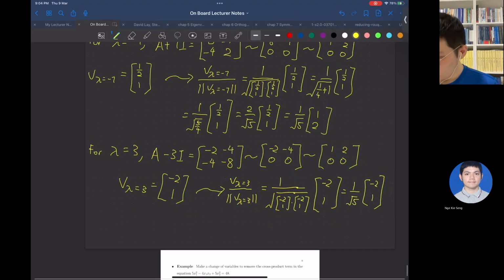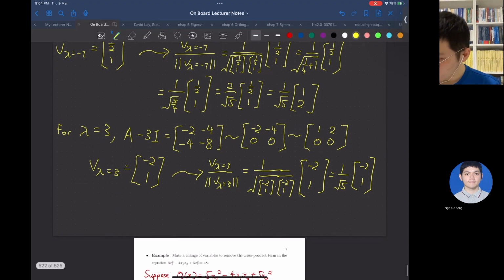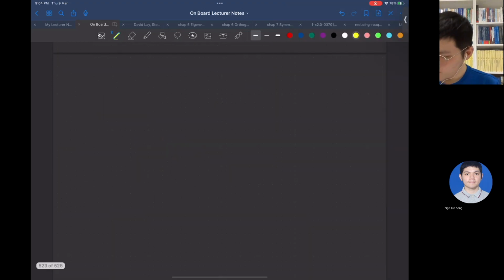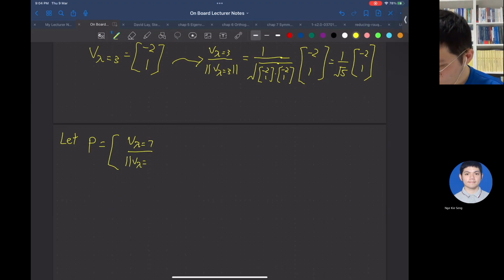Okay, so what's next? So this means that we can take P, so let P equal to V lambda equals 7 over x length, and V3, V lambda equals to 3 over x length after normalizing.